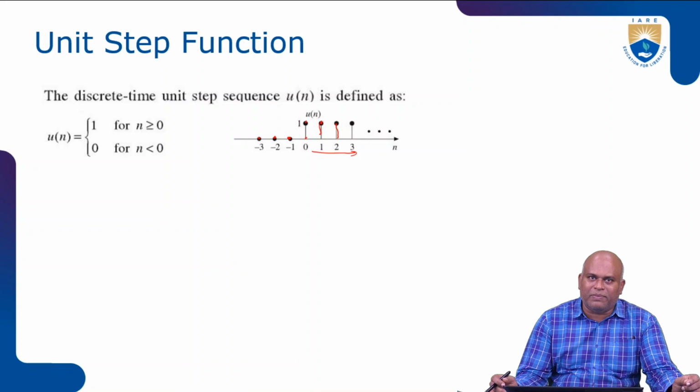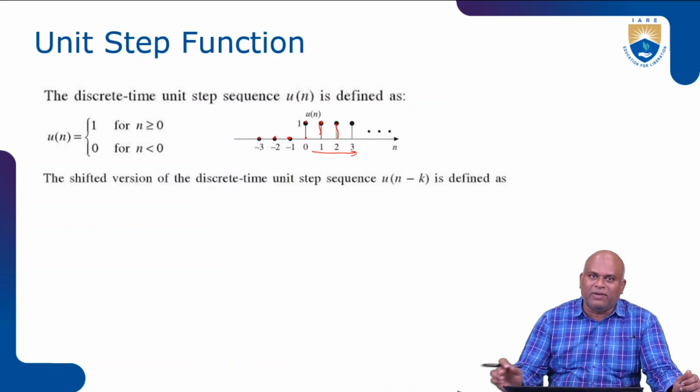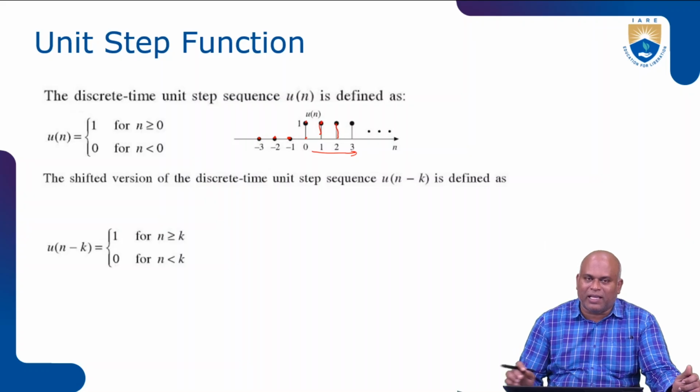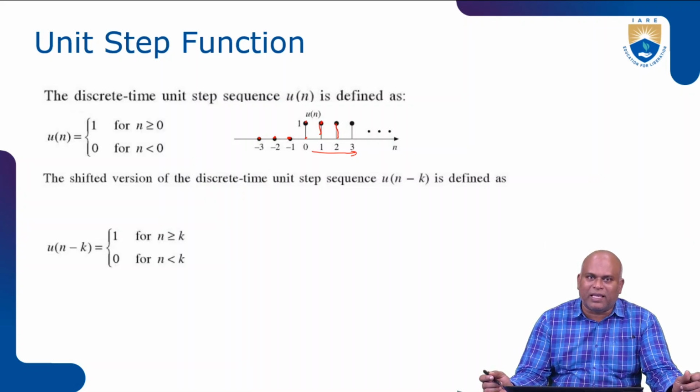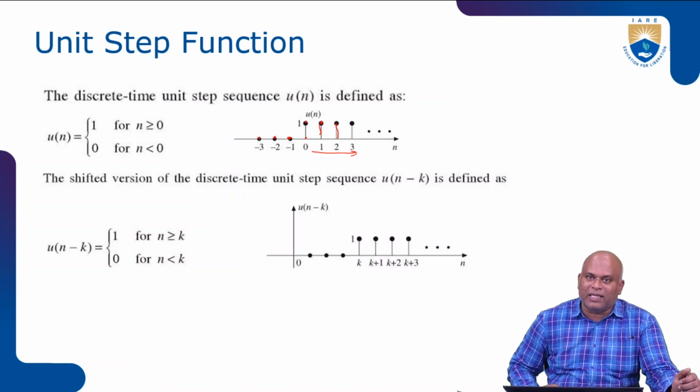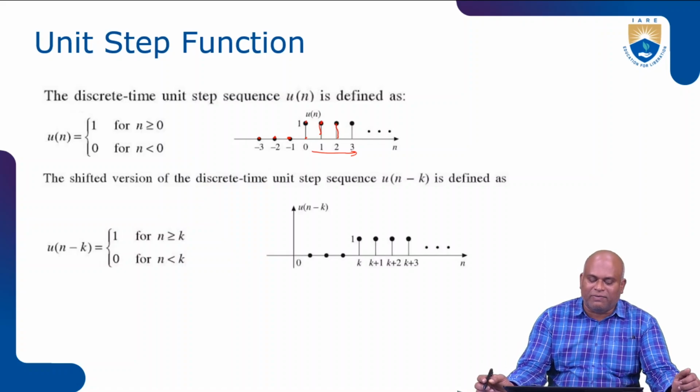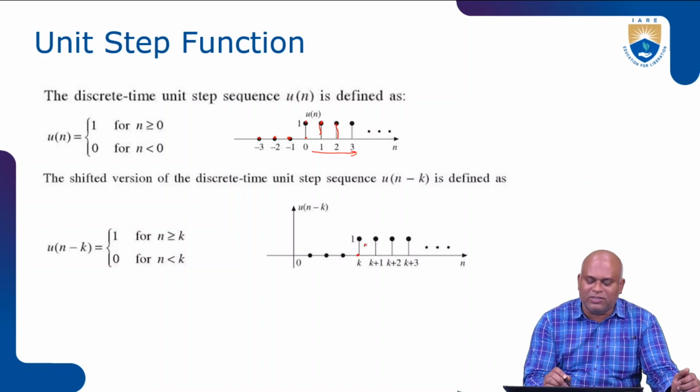The unit step function in discrete time is also possible for the shifted version. The shifted version of the discrete time unit step function, u of n minus k, is described in the mathematical model as u of n minus k equal to 1 for n greater than or equal to k, and 0 for n less than k. Graphically, up to k the value is 0.